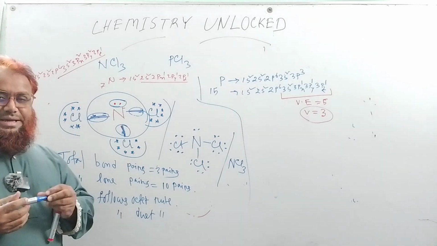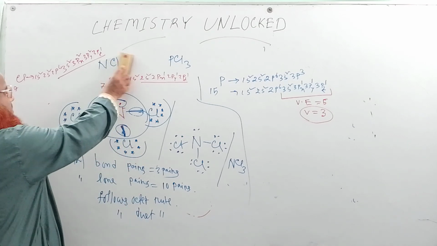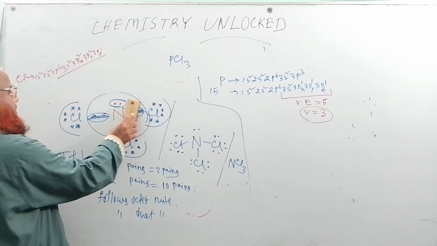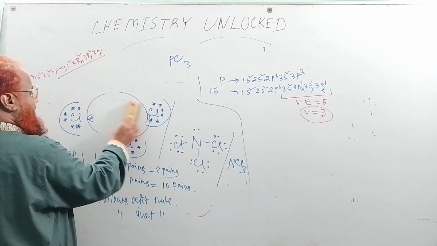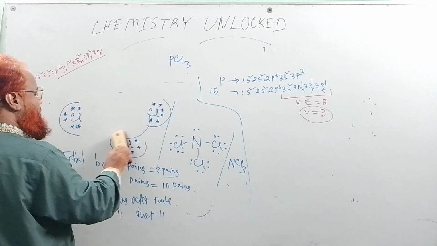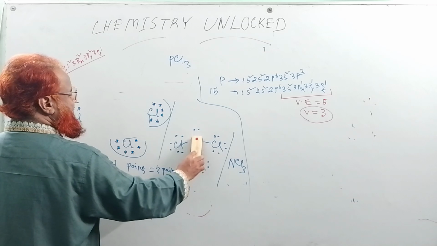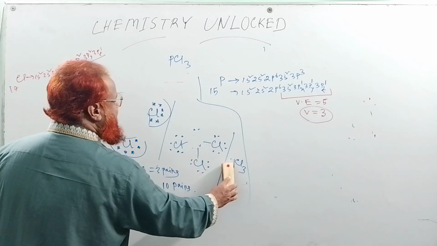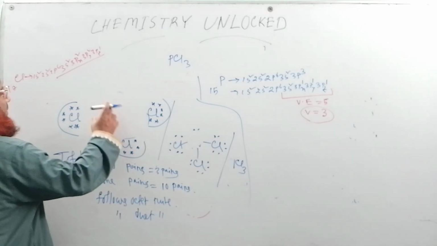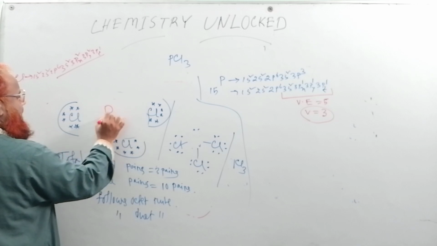Now similarly we can explain PCl3. I will make PCl3 with a very short technique by cleaning the nitrogen part. Look here, that's very easy, and most of the information is similar between NCl3 and PCl3. Now draw phosphorus here.